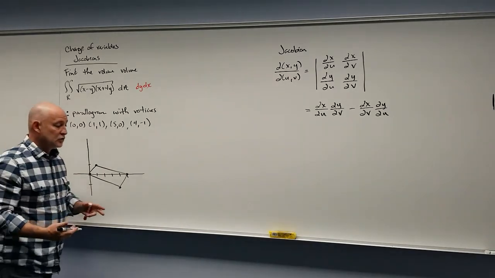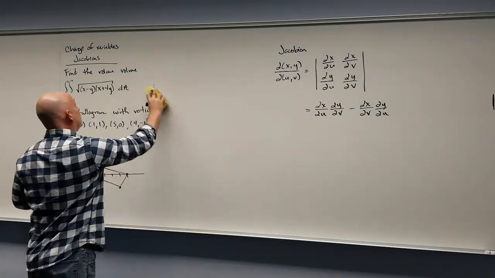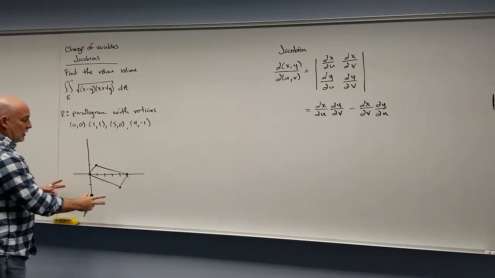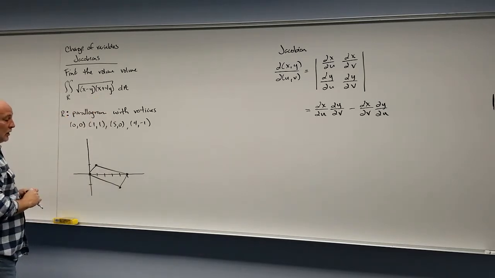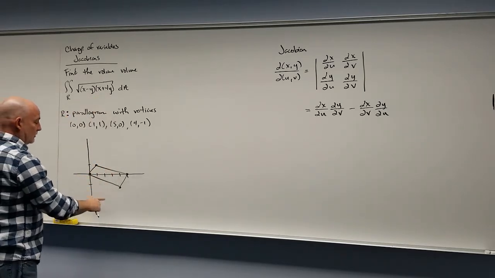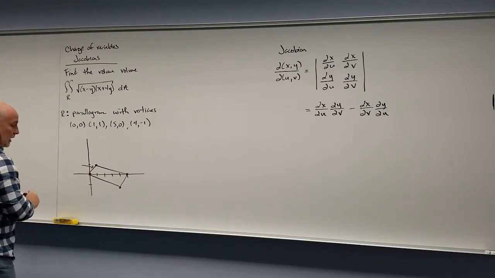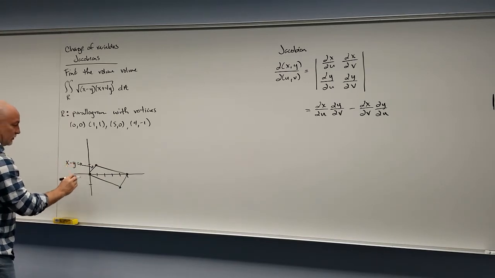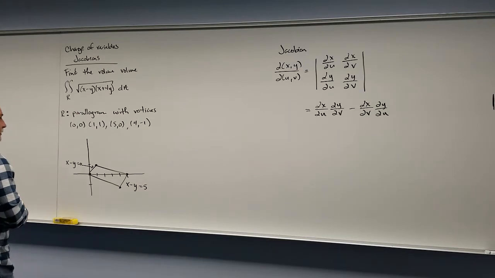Well, the type of thing you want to look for when you're thinking about using the Jacobian is if you have a lot of equations in the region that show up over and over again, or show up in the argument. So let's come up with the equations for these lines real quick, and I'm going to shortcut this for time's sake. If you go and find the equations for all these lines, this is x minus y is equal to 0. This would be x minus y is equal to 5.